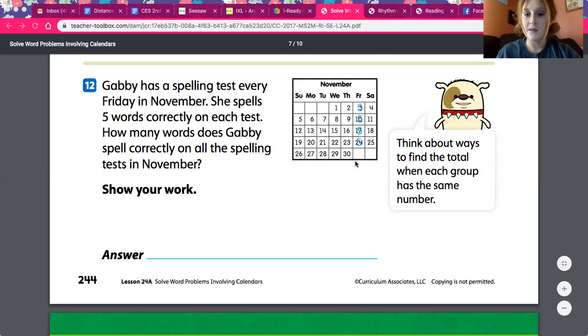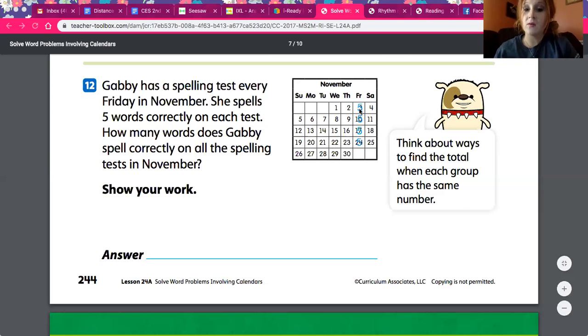Then here is a Friday, but is that Friday in the month of November? No, because the 30th is the last day of the month of November. November only has 30 days. So we have the 3rd, the 10th, the 17th, and the 24th. There are 1, 2, 3, 4 Fridays in November.